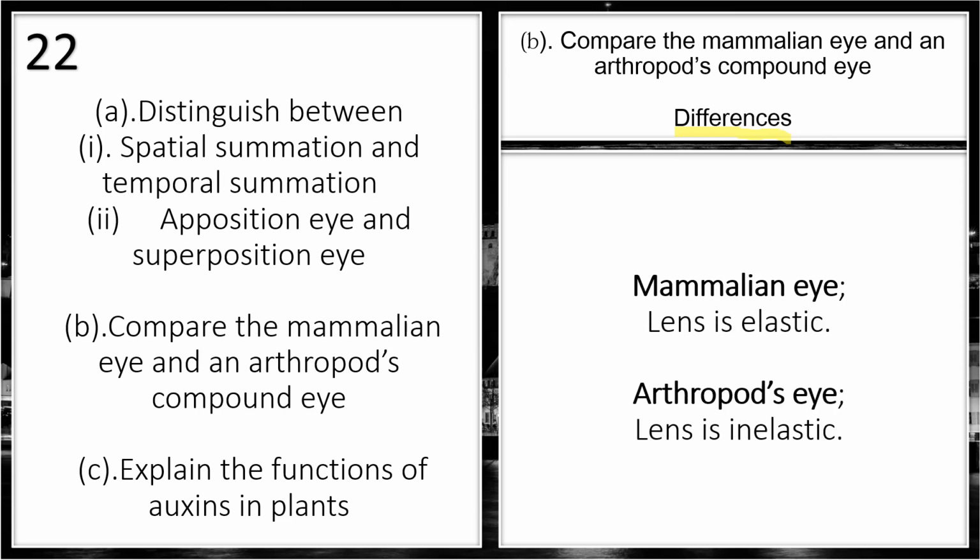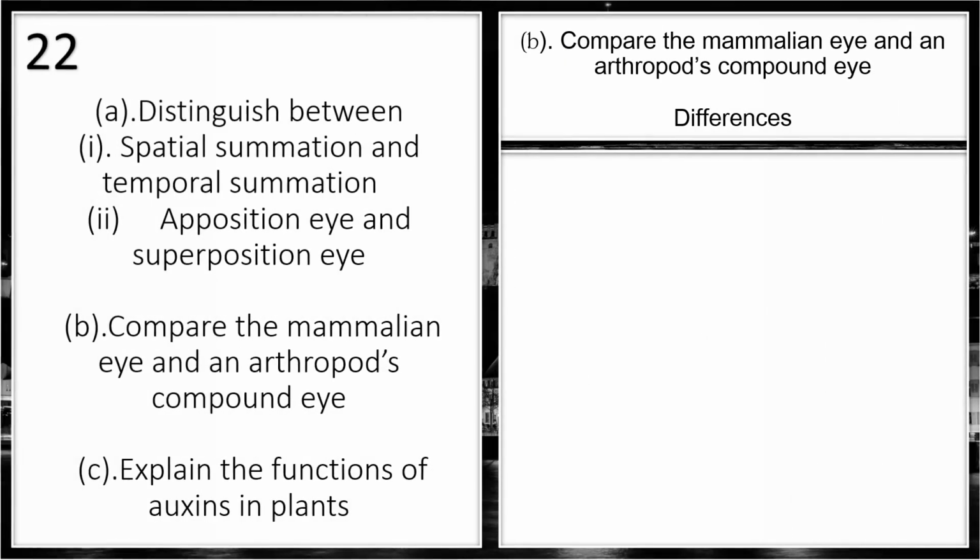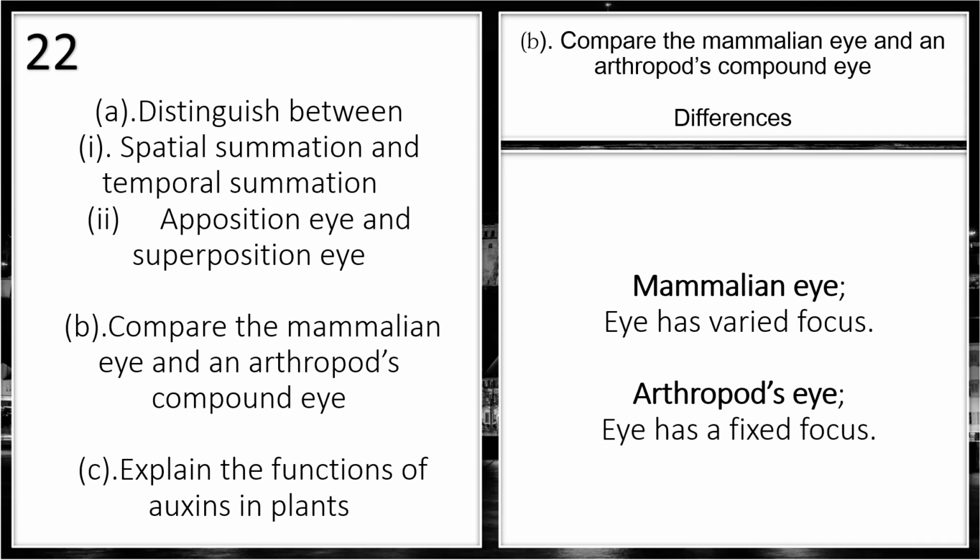The mammalian eye, the lens is elastic, whereas the arthropod eye, the lens is inelastic. Mammalian eye has a varied focus. Arthropod eye has a fixed focus.